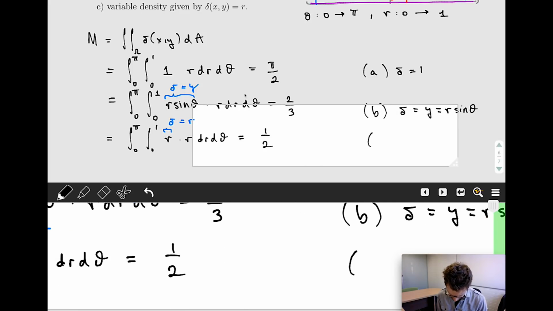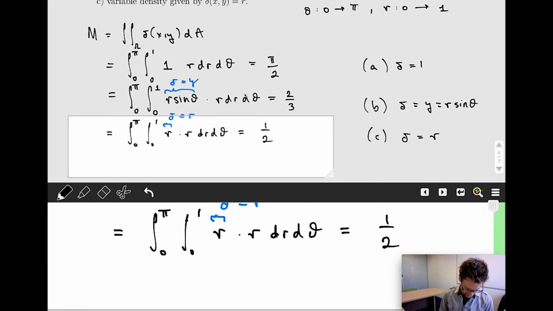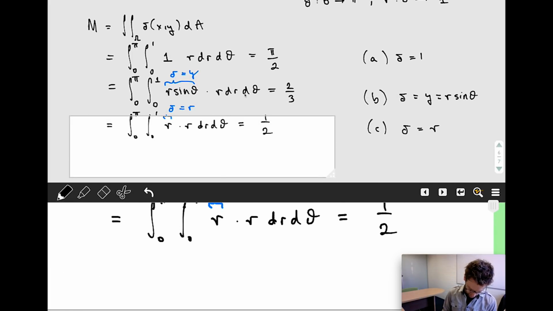So this was case C, when delta is equal to r. So it gets more dense as you move further out from the origin. So those are the three different cases: uniform density, density depending on y, and density as a function of r for the mass. So let's take a look at the moments of inertia.